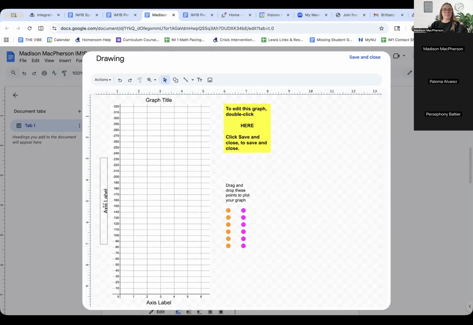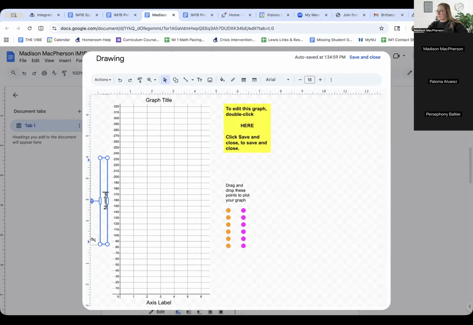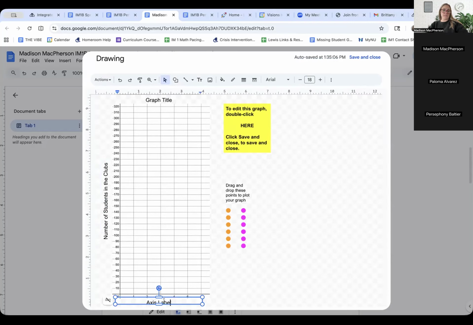Now our first step is to label the axes. So this one here is going to be the number of students in the clubs. And this axis here, you just have to double click on it in order to get it to highlight. This one's going to be the number of years.